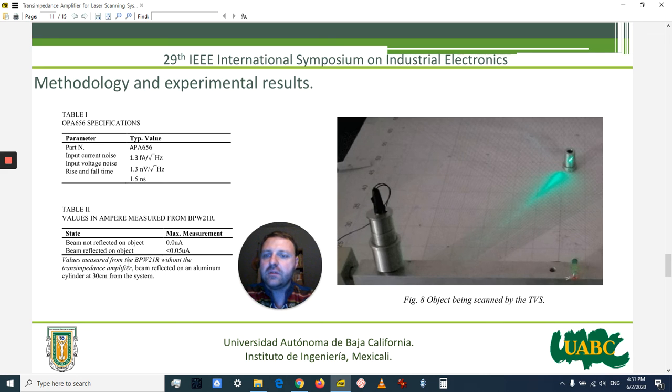We got a small dark current, which is almost 0 microamperes. Later, when we positioned the laser, we received a small amount of current, less than 0.05 microamps.